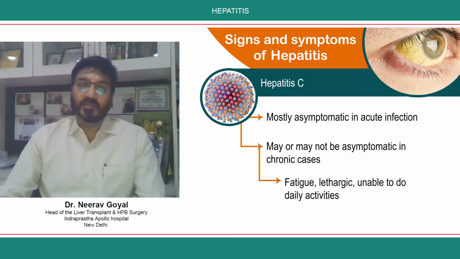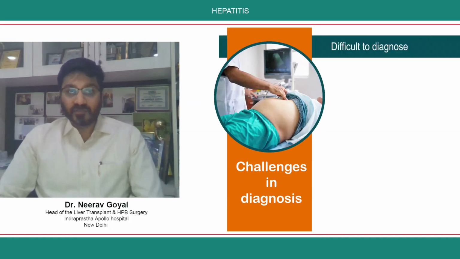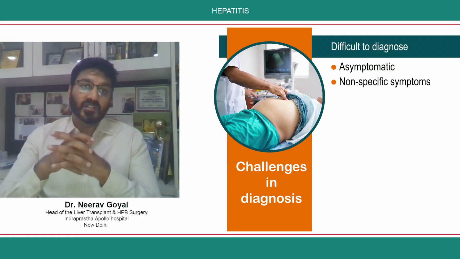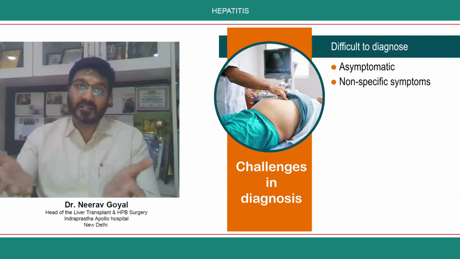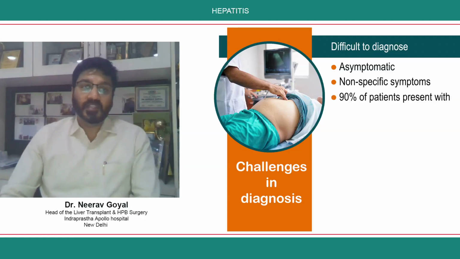They feel lethargic, they're unable to do their daily activity, and therefore one should screen for viral hepatitis when a patient presents with these symptoms. Hepatitis can be difficult to diagnose because it can be asymptomatic, or symptoms may be non-specific. Non-specific or absent symptoms is unfortunately the presentation in 90% of patients.